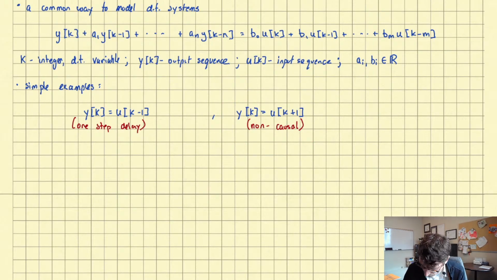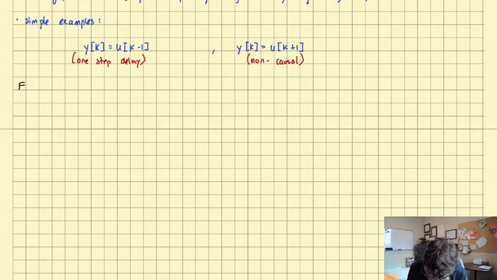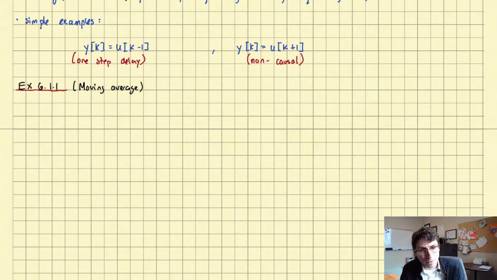Okay, let's do another example. Question: is there a branch of controls that does predictive control to do semi-real-time control with non-causal systems?